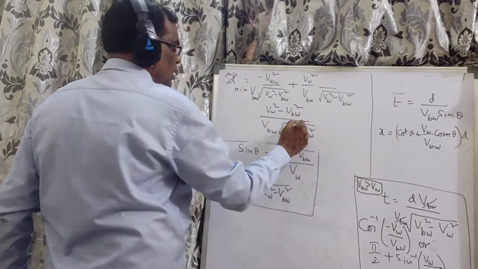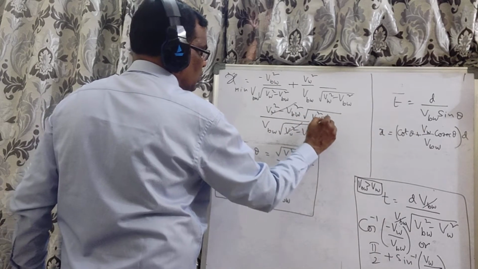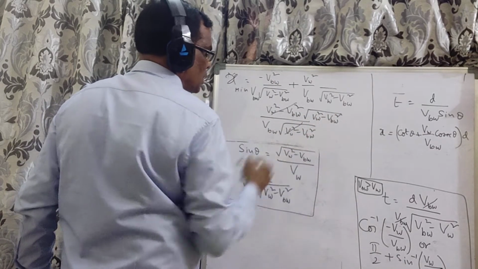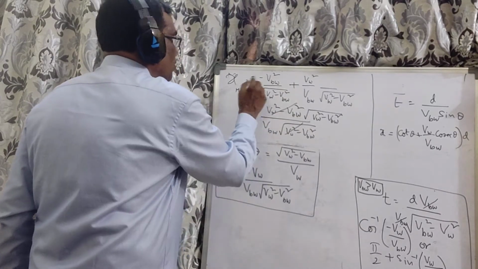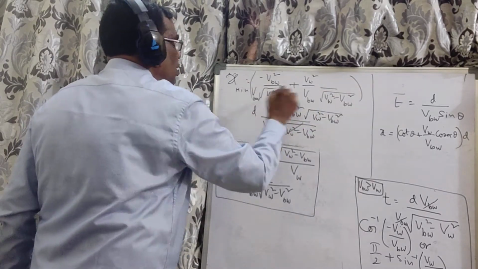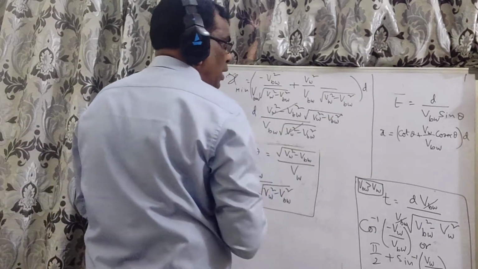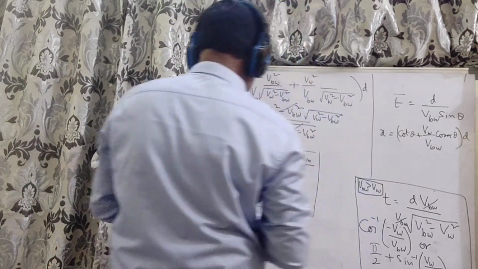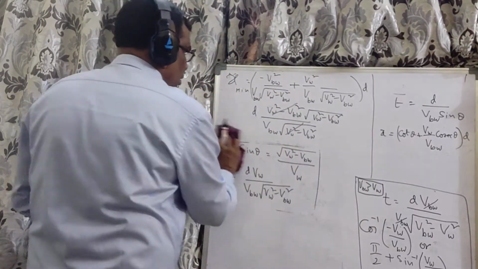Okay? Now this will get VW square because both terms are same. So of course D will be there everywhere. Okay? Now what is the time taken? I'll write it here because sin theta you have written.